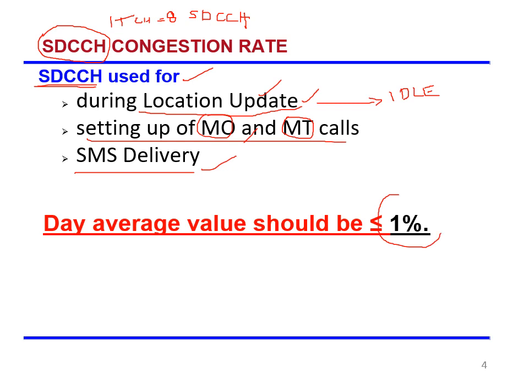So to counter this, the SDCCH congestion rate should always be as low as possible as per the TRAI benchmark, because TRAI, the Telecom Regulatory Authority of India, also earmarks certain numbers for every metric.